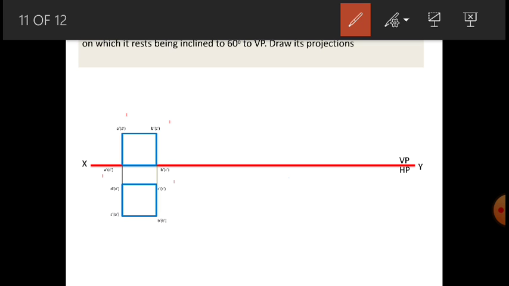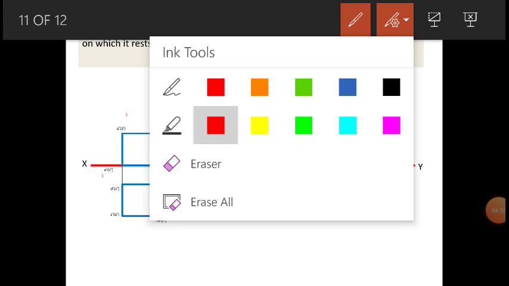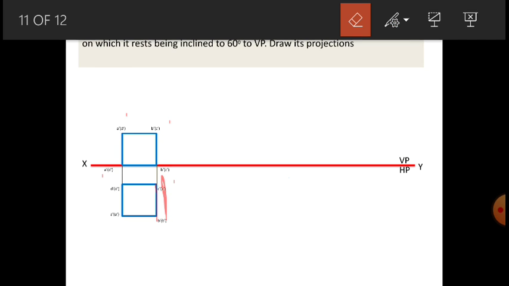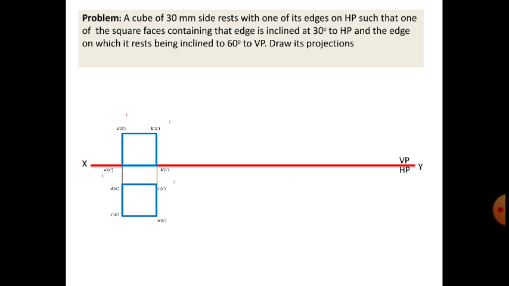Which will be that edge? This edge, that you can see, the B dash and C dash line, will be inclined at 30 degrees to HP, it is saying.